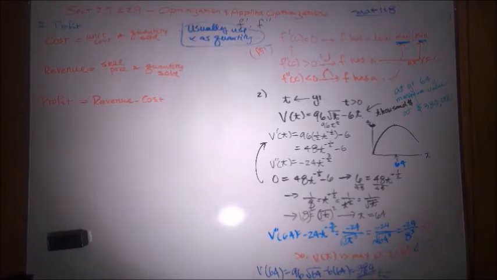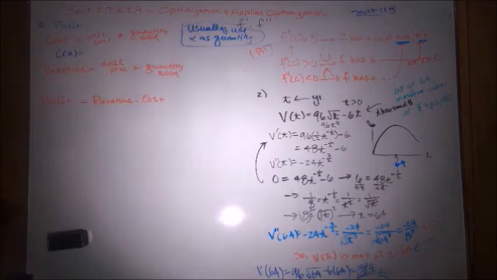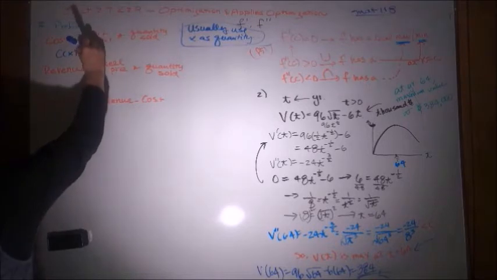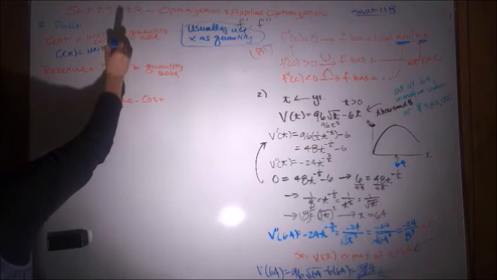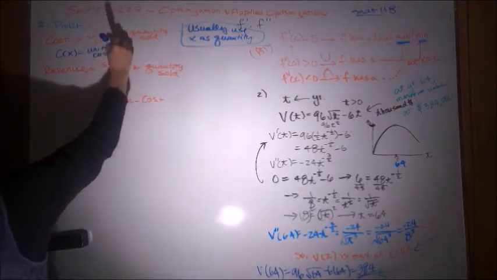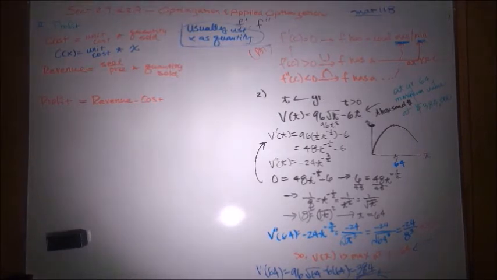Your cost is how many of them you sold times the unit cost. If each one is $20, that is 20 times 50 sold, and that will be your cost. So unit cost times quantity sold.